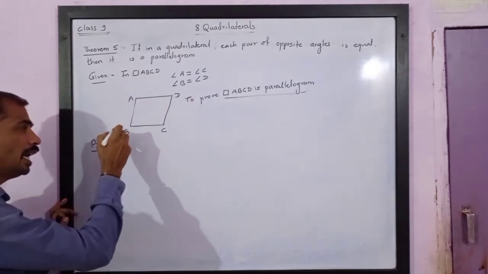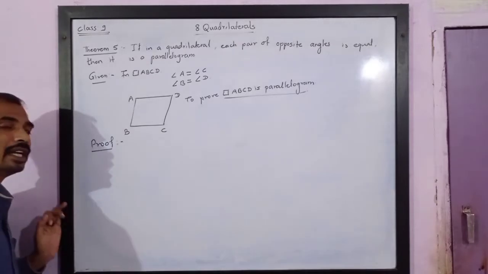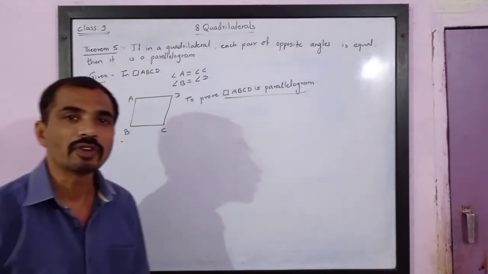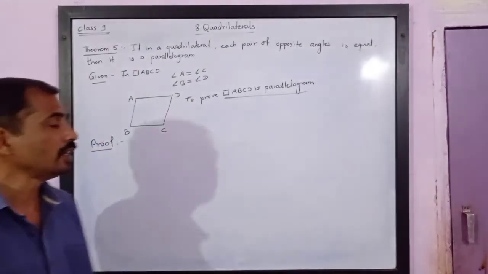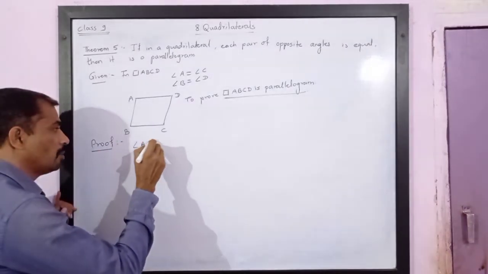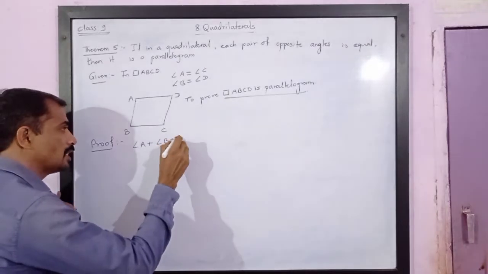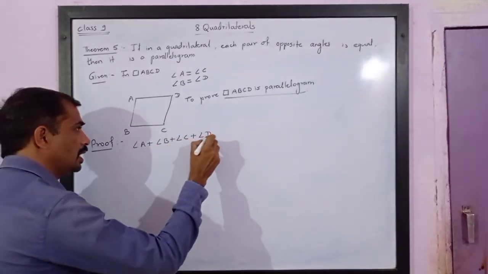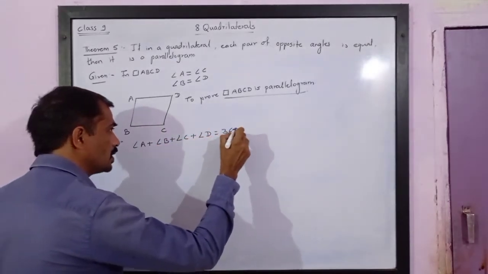See, we know that the sum of interior angles of a quadrilateral is always 360 degrees. So, angle A plus angle B plus angle C plus angle D is equal to 360 degrees.